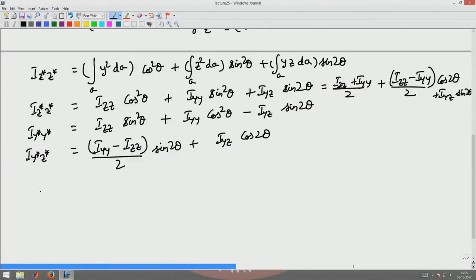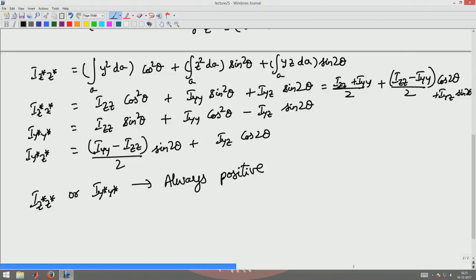Now, what is the property of I z star or I y star? They are always positive, because it is an integration of a positive function; y square is a positive function.